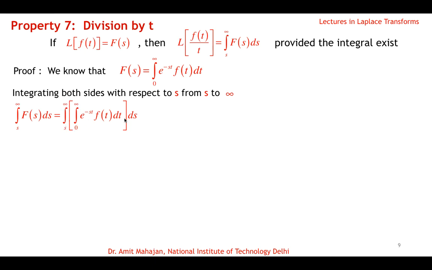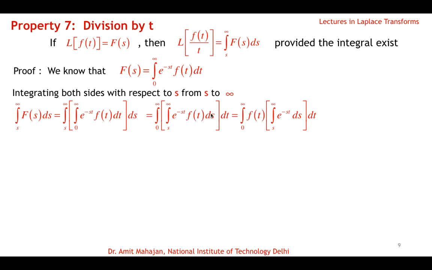We take s inside and t outside, as in the change of order of integration. The inner integration will be with respect to s, with limits s to infinity, and the outer integral is with respect to t, with limits 0 to infinity. This happened because they are independent.